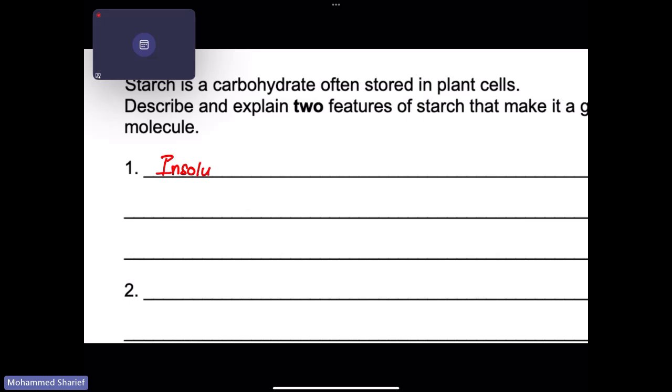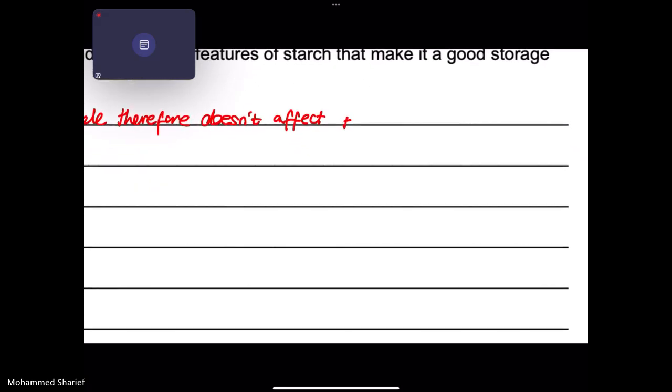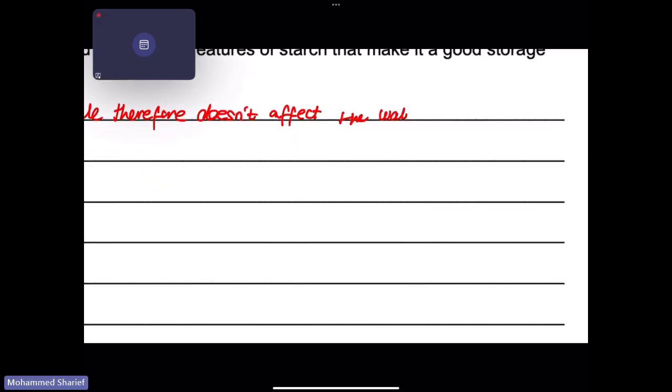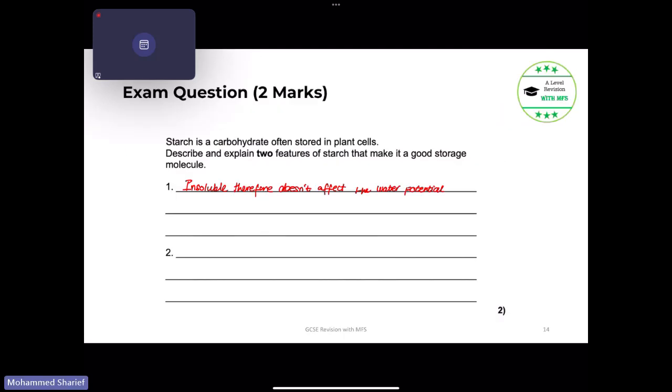So insoluble, therefore doesn't affect the water potential. Okay, now that will have one mark in the bag.